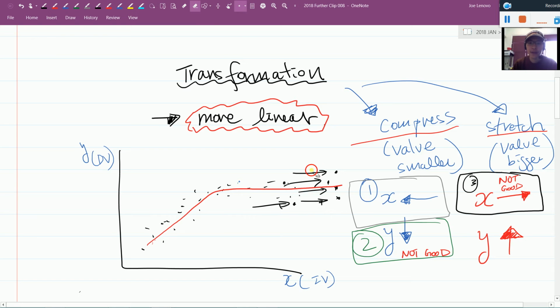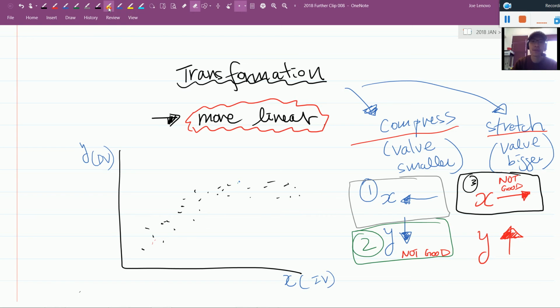So if stretching x values doesn't give a good transformation, let's have a look at the last action. The last action is about y. Gray. So y is the number 4 action.